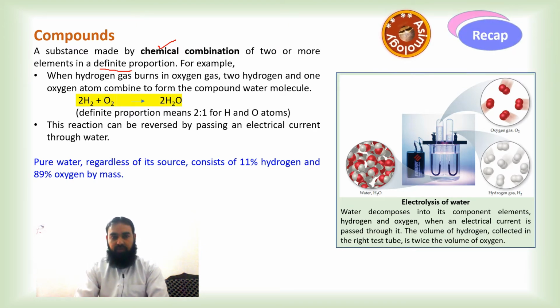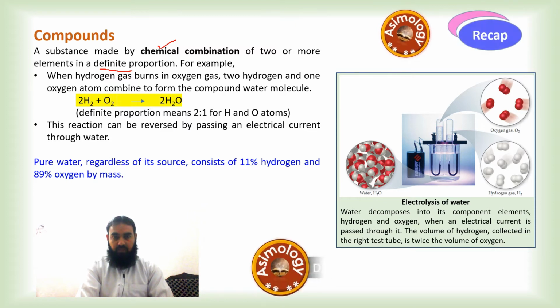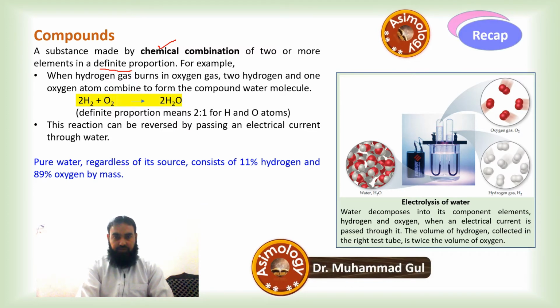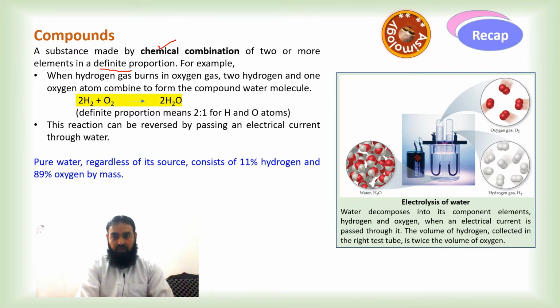The compound can be decomposed again to the constituent elements by applying certain suitable methods. To exemplify, we can take the example of burning hydrogen in the presence of oxygen. It will form water. So water, H2O, is a compound. It contains two elements.